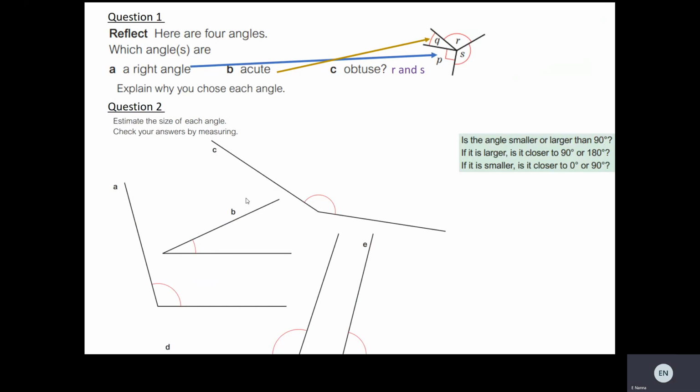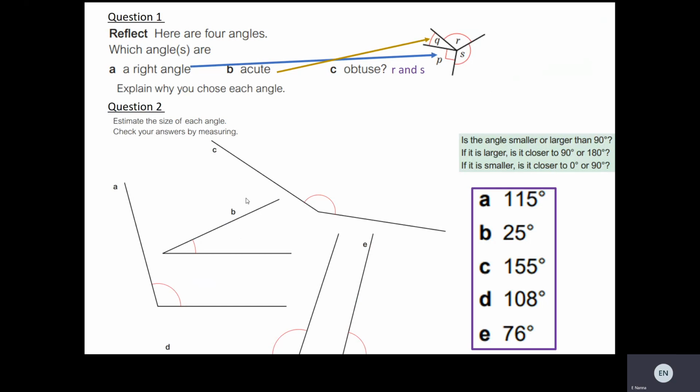Okay, so because of time, I'm showing the answers here. So if you wrote down your answer, let's say maybe 114 degrees, you're roughly correct. I'll take a range of roughly 2 to the left, 2 to the right. It could be 2 more or 2 less. Okay, so we're given a rough guess.